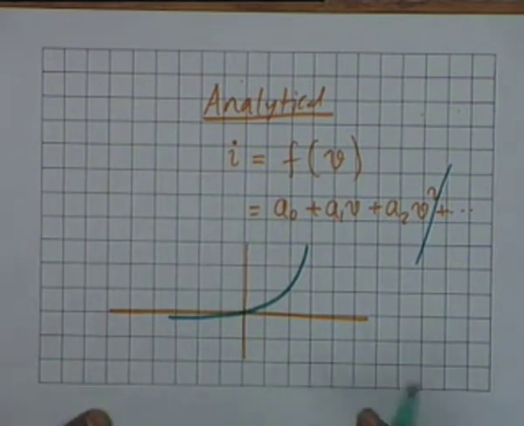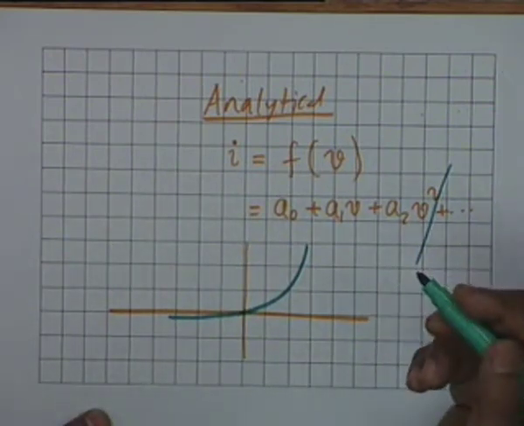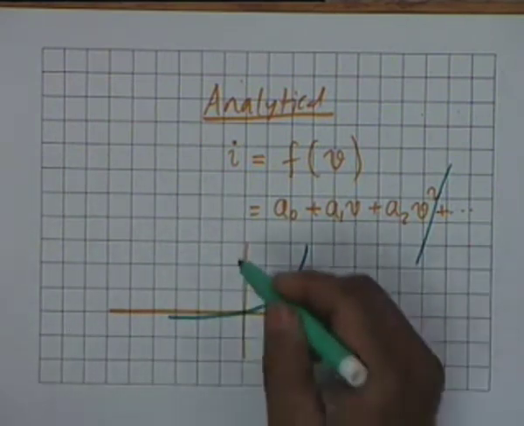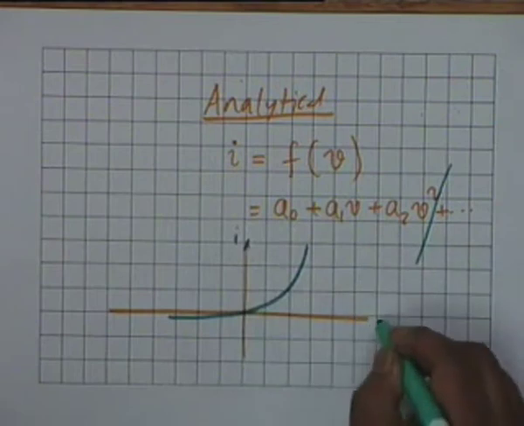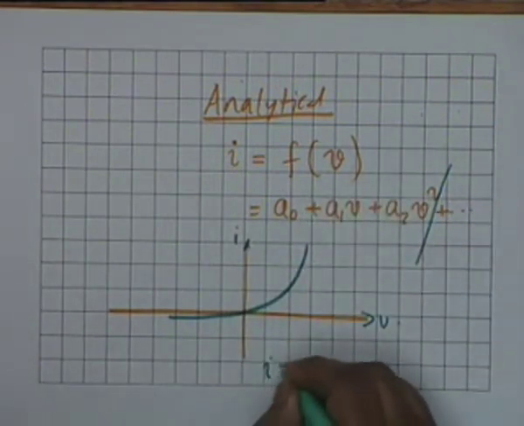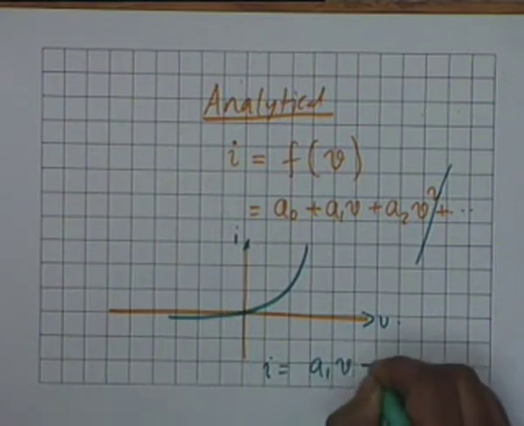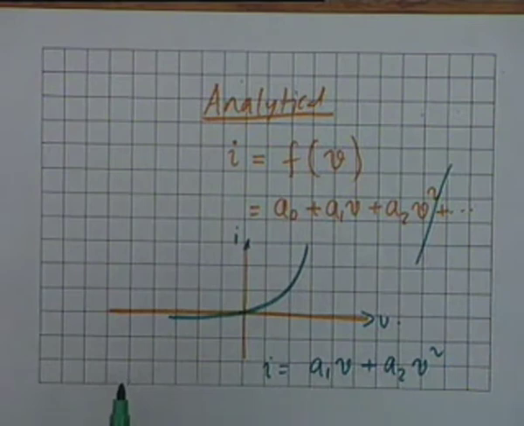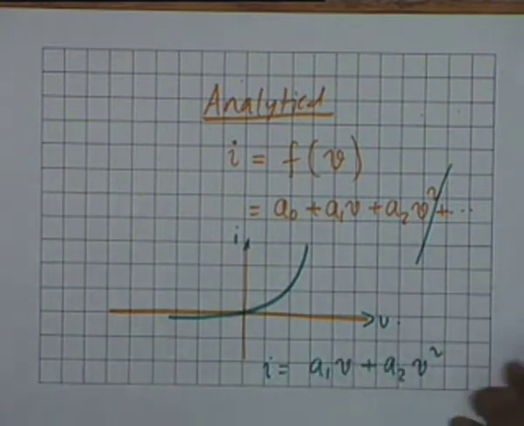Then you notice that because I equals 0 when V equals 0, the A0 term shall be equal to 0. That is, what I have is I equal to A1 V plus A2 V squared. A0 is equal to 0 because V equal to 0 means I equal to 0.